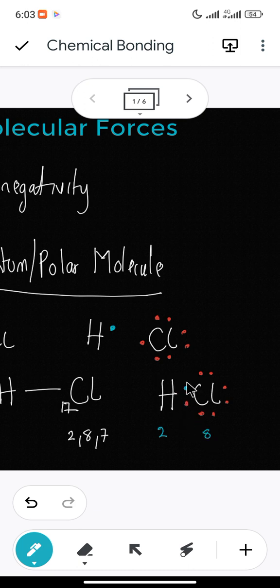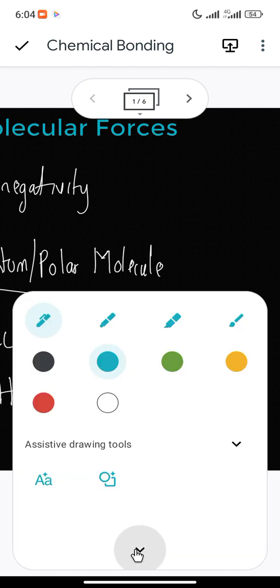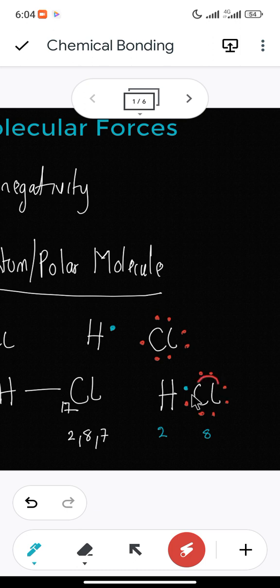Now, obviously they shared the electrons equally among themselves, but due to the fact that chlorine is more electronegative than hydrogen, chlorine is going to tend to pull. We said electronegativity is the attracting power, how well an atom can draw electrons to itself. So since this chlorine has more electronegativity, it's going to pull most of the electrons to itself.